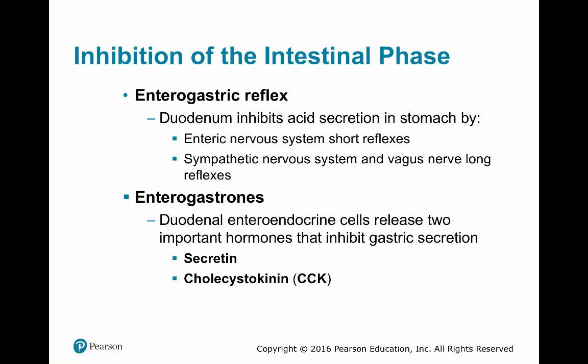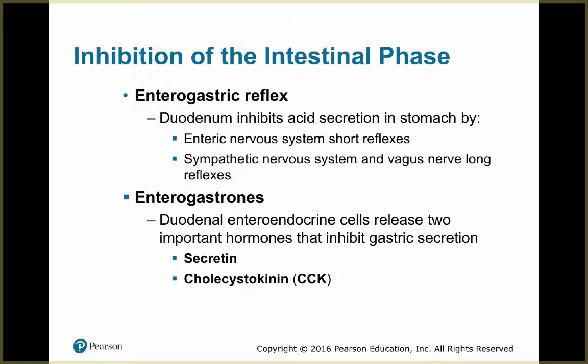So it's inhibited by the enterogastric reflex and the enterogastrones. So the enterogastric reflex is in the duodenum. It actually inhibits acid secretion in the stomach by interacting with the enteric nervous system, which is the short reflex, and the sympathetic nervous system and vagus nerve, which is the long reflex.